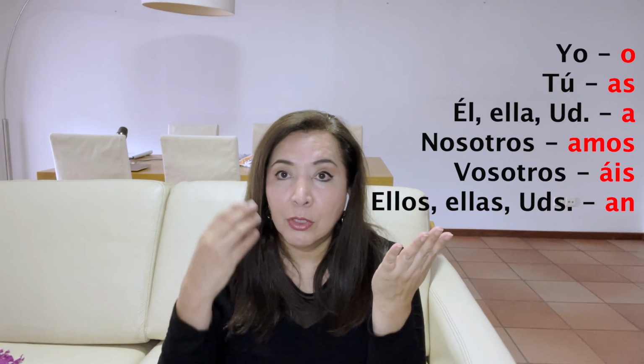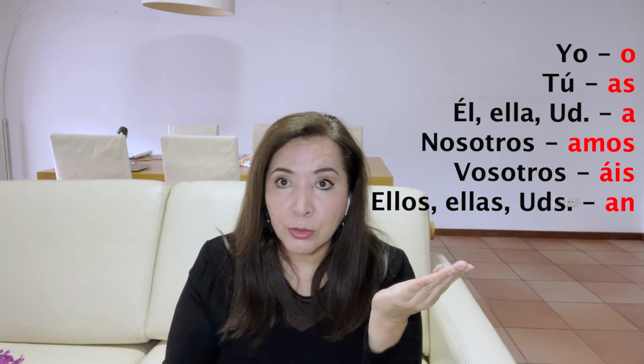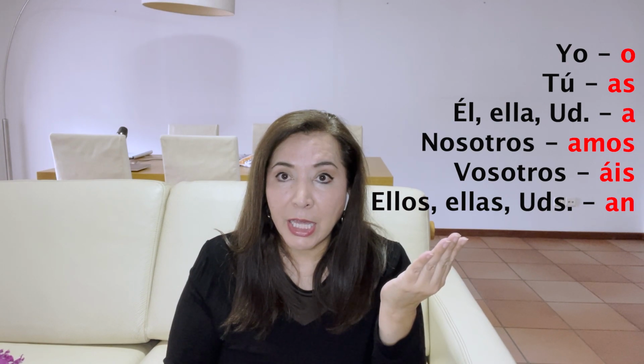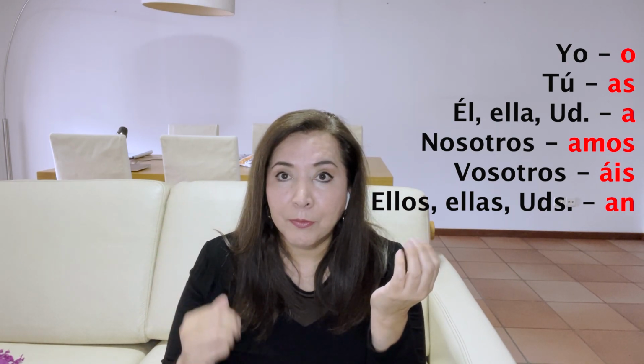Okay, so to summarize, in order for us to conjugate any AR verb, we need to modify the infinitive. How do we modify it? We take out the AR and we add the appropriate ending that corresponds to a subject pronoun. Okay, so for yo, o. For tú, as. For él, ella, or usted, a.